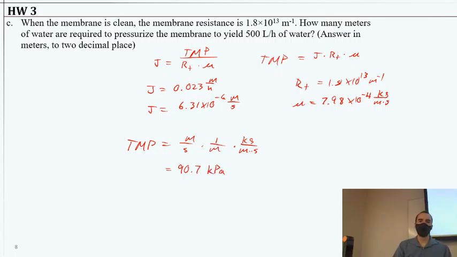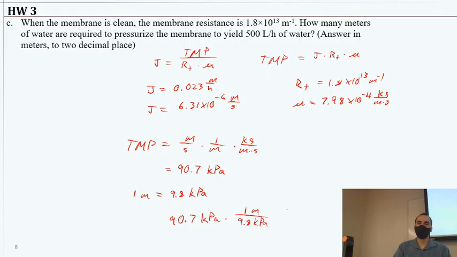So I went ahead and converted it to kilopascals. You could leave it as pascals, but then we have that relation that we were given at the start of the problem, that 1 meter is equal to 9.8 kilopascals. So it's going to be handy to have it in kilopascals regardless. So then we can say 90.7 kilopascals times 1 meter per 9.8 kilopascals.